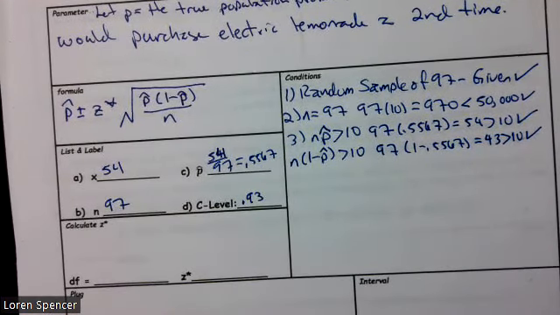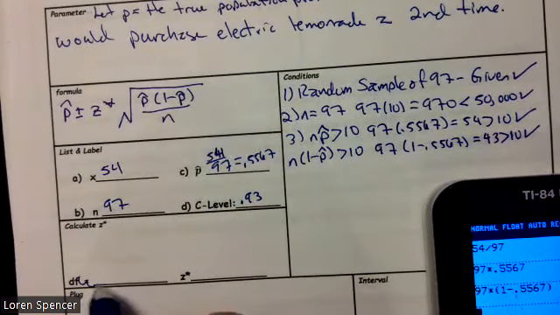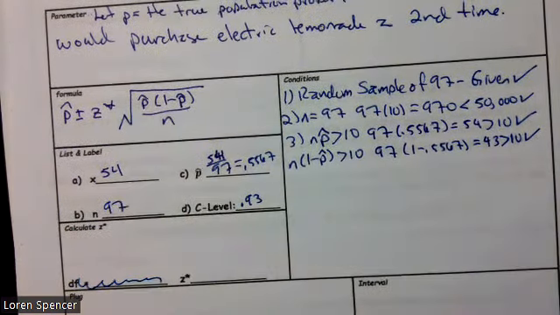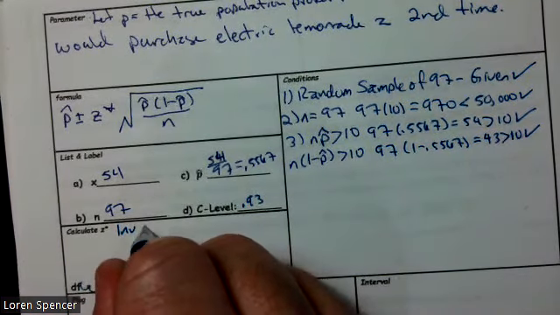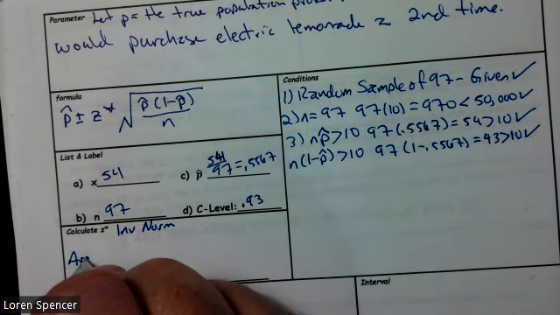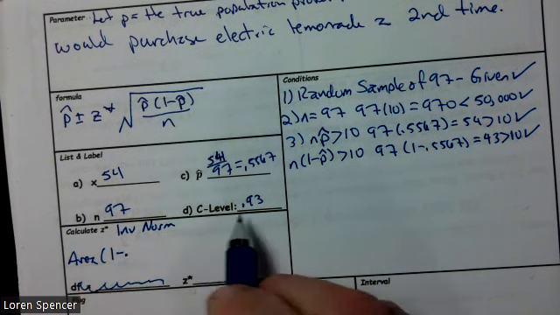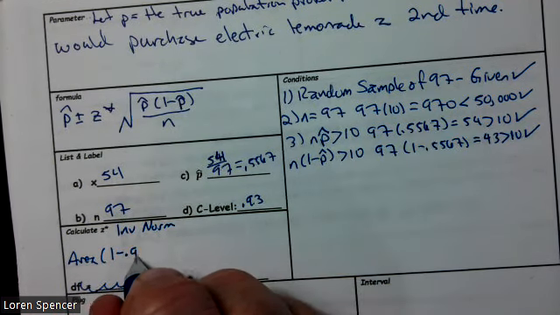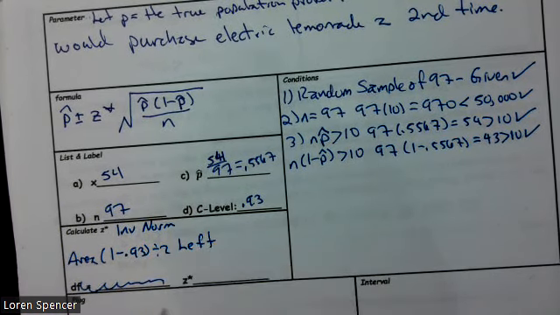All right, we need to calculate z star. We don't have degrees of freedom, so for z star I'm going to have to go to an inverse norm. It's going to be area: 1 minus my confidence level of 0.93, divided by 2, and it's going to be a left.